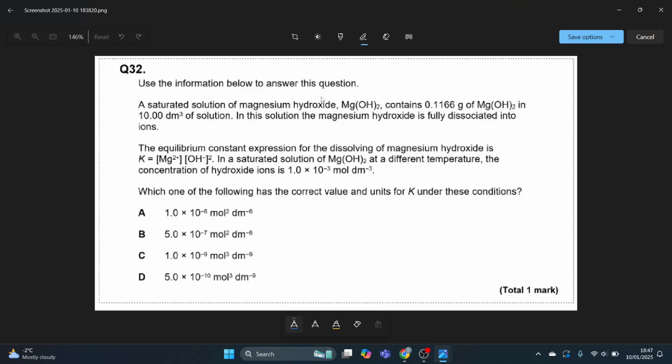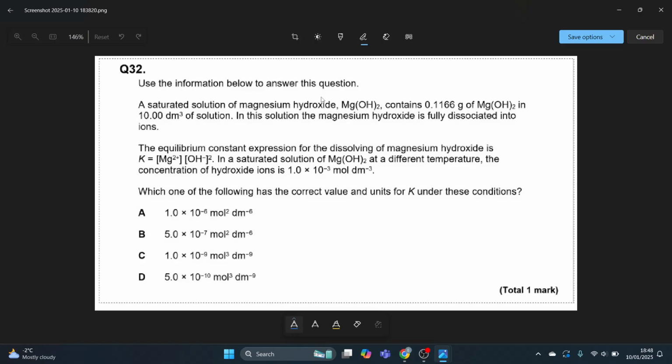Once I've got the concentration of magnesium hydroxide, then all I have to do is, it tells me the concentration of hydroxide ions.